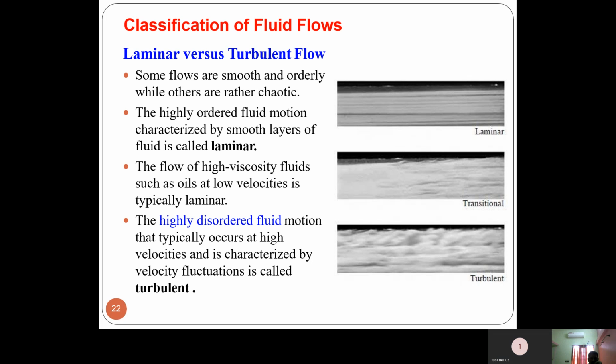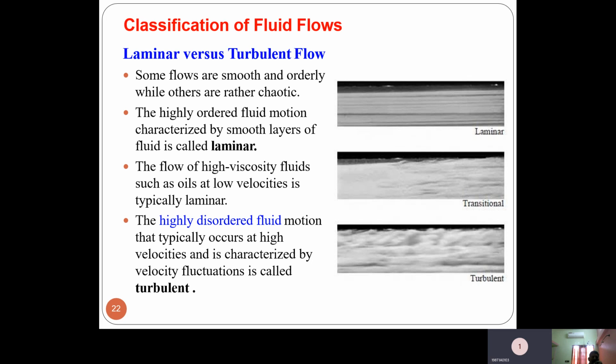Laminar versus turbulent. Here we are seeing fluid patterns. This one is slowly, smoothly flowing. Understand? Here is a vigorous flow. In the third or bottom figure, it is vigorous and random, an irregular fluid.